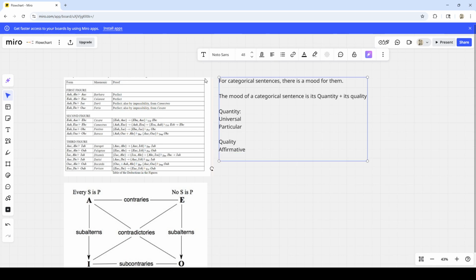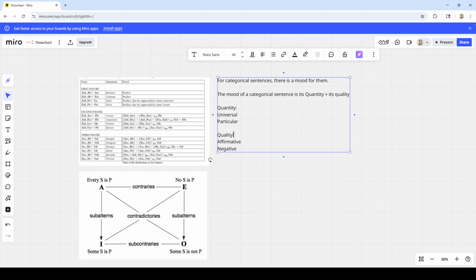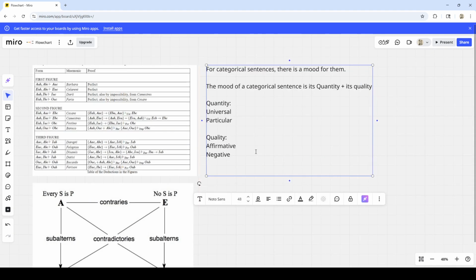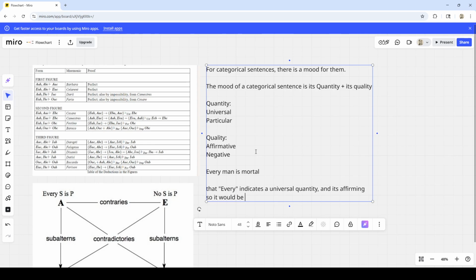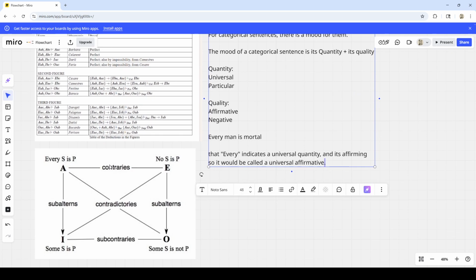I'm using affirmative and positive interchangeably here. So for example, if I said every man is mortal, this "every" indicates a universal quantity, and it's affirming, so it would be called a universal affirmative, or universal positive, if you want to say that. So that's just one quick example, and that leads us into the square of opposition.